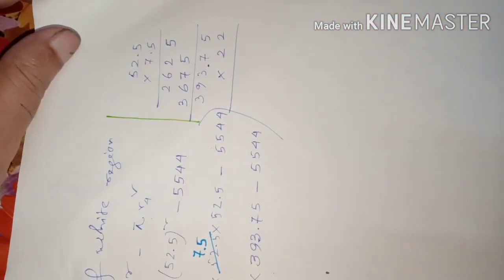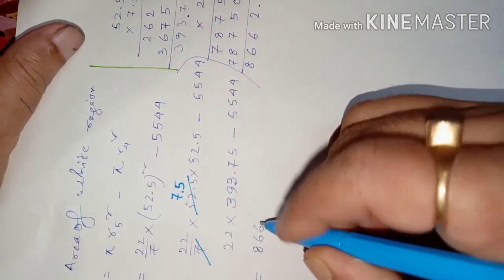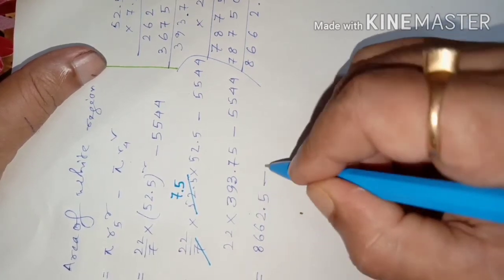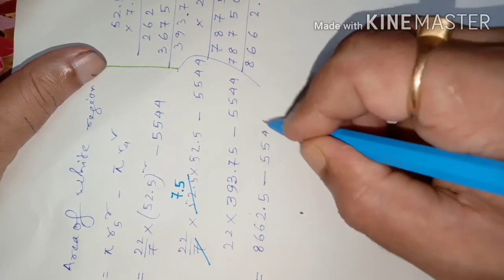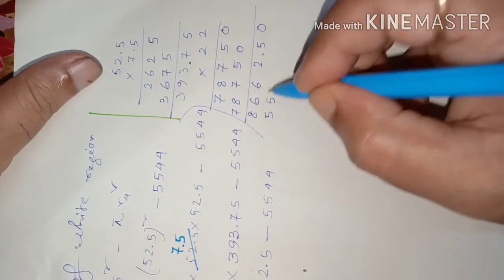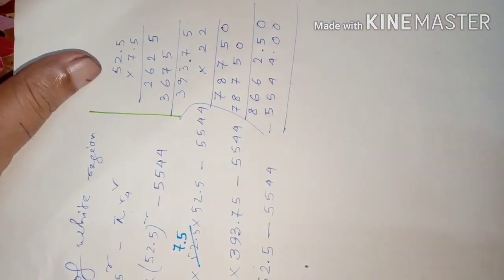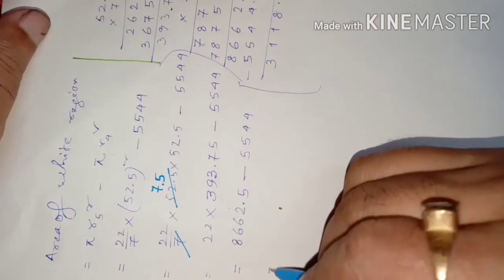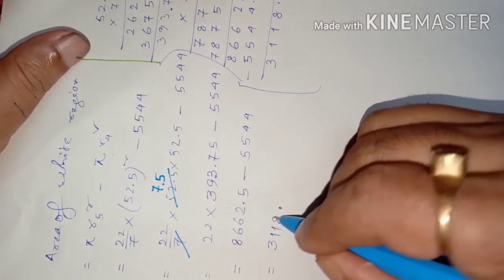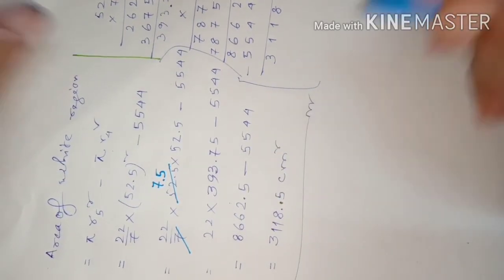So this product is 8662.5 minus 5544. Let us subtract. Which is equal to 3118.5 centimeter square. This is our final answer, dear students.